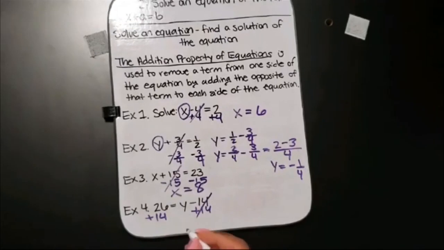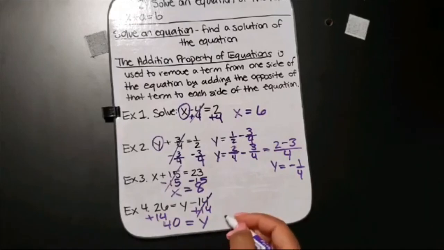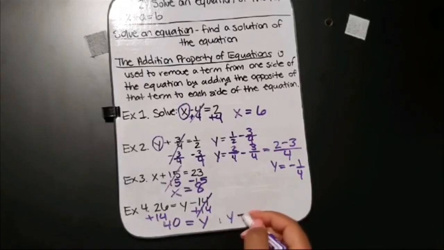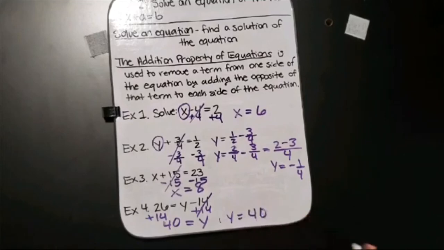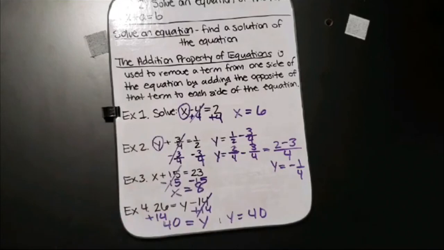So we have y on the right side by itself. And on the left side, we have 26 plus 14, which is 40. So we have 40 equals y. And you can rewrite it to say y equals 40. Okay, so this is how we solve equations that are in the form x plus a equals b.